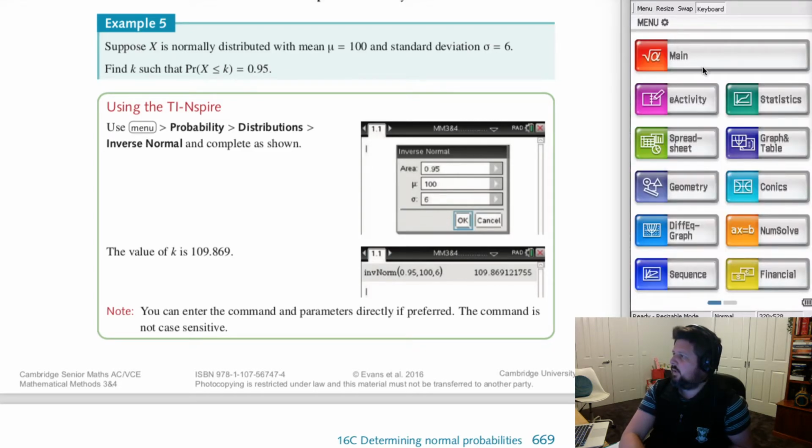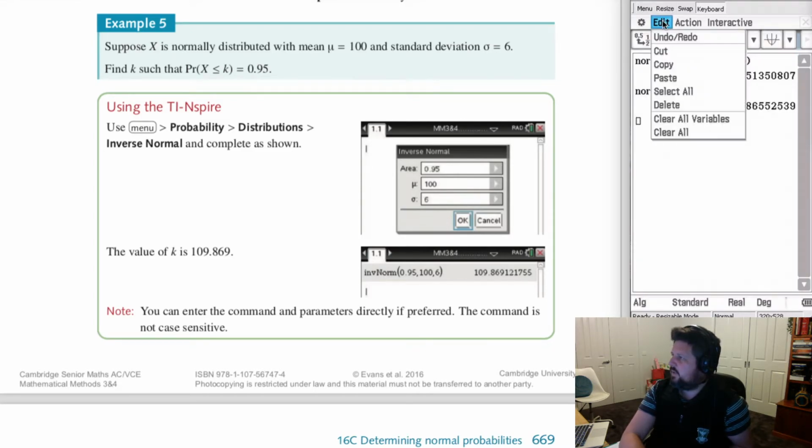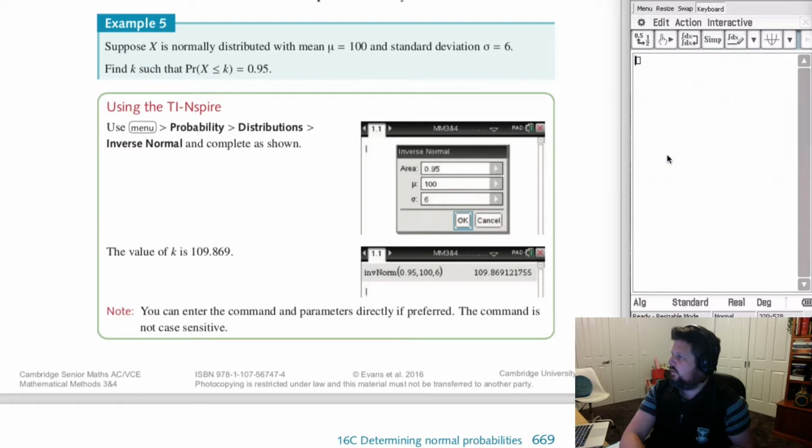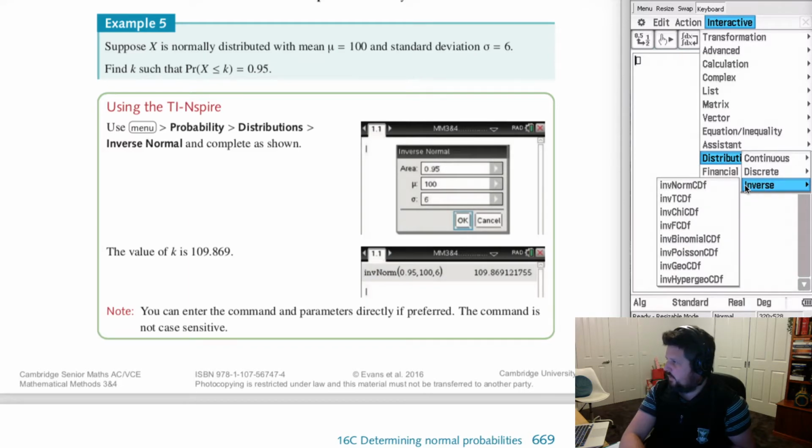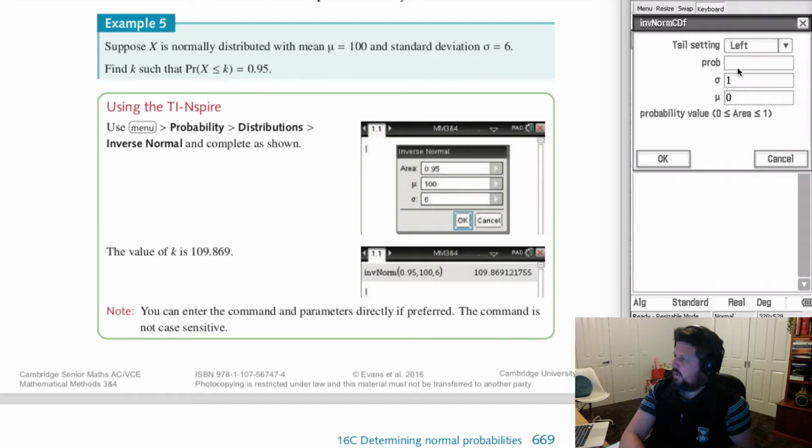In the main section, let's clear this. You can go to interactive, we go to distribution. This time we're going to go to inverse, and we're going to inverse normal CDF. Now for this one here, we're going to keep the tail setting as left.